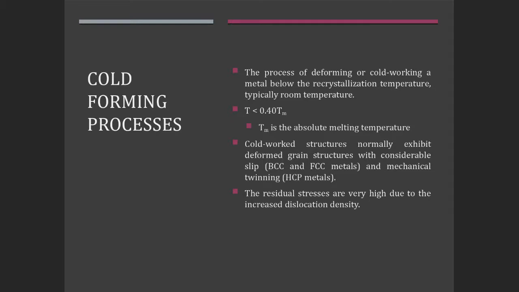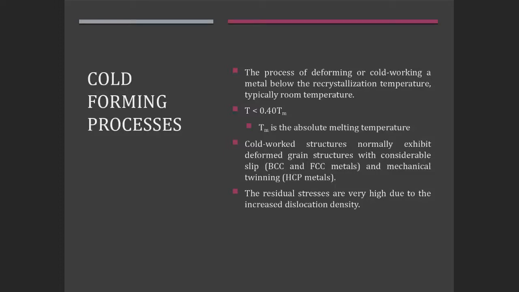So once again, if you want to identify if you're hot or cold working your material, you'll just have to take 40% of the absolute melting temperature and see whether the temperature that you're forming at is above or below that.